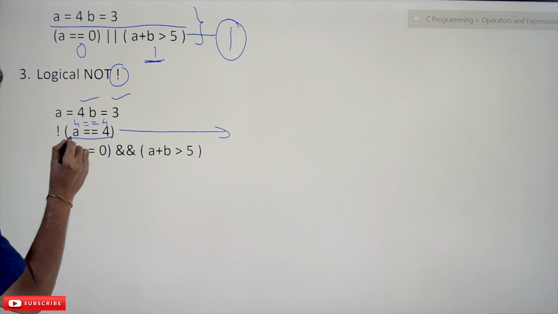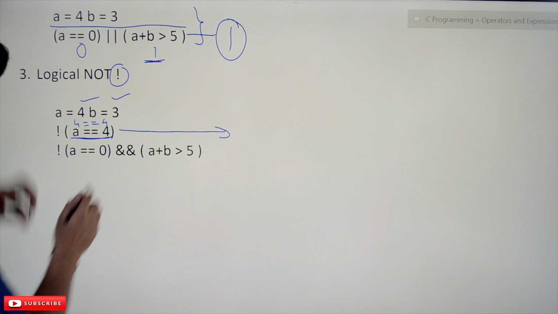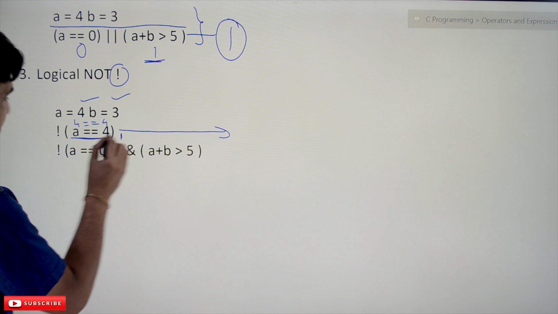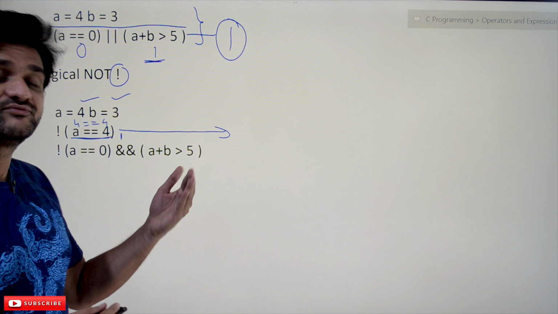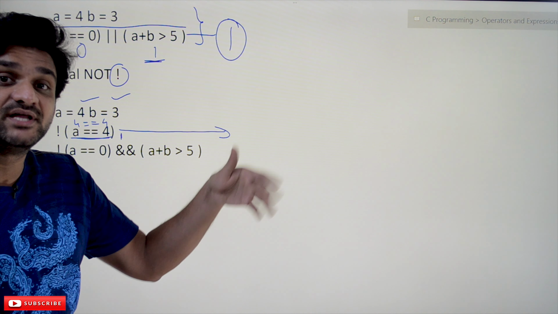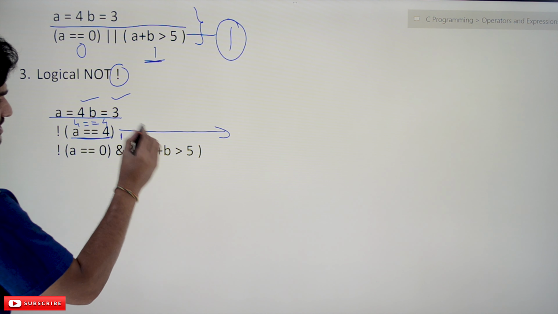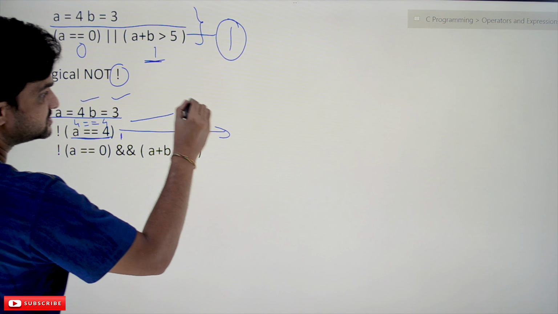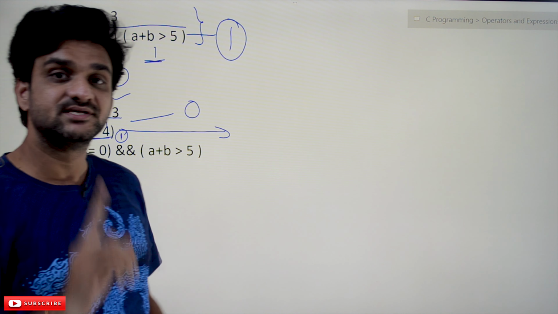So the output of this expression is going to be 1, and the negation symbol is used, which means the opposite of that expression's evaluation will be the output of this entire expression. So this entire expression evaluates the output as 0. The negation of 1 is 0. The complement of 1 is 0. The complement of 0 is 1.